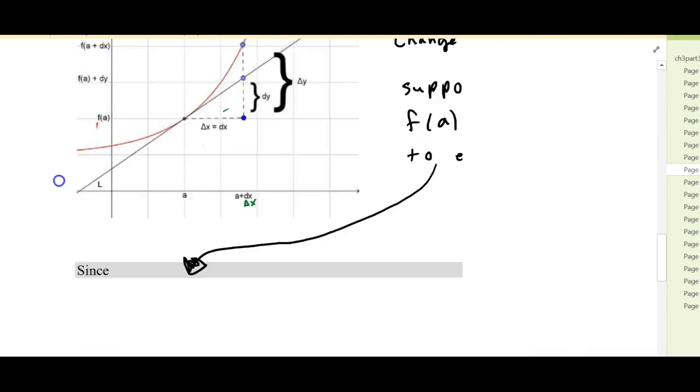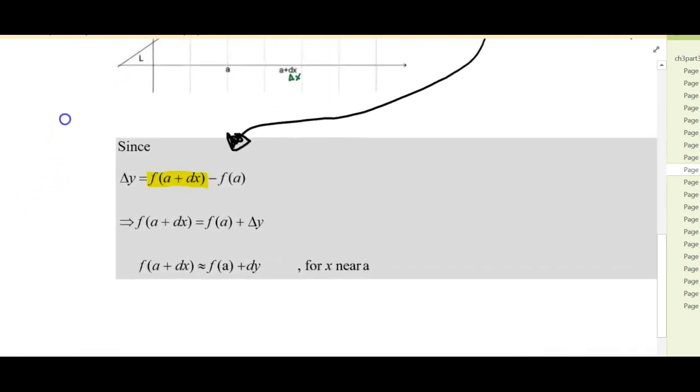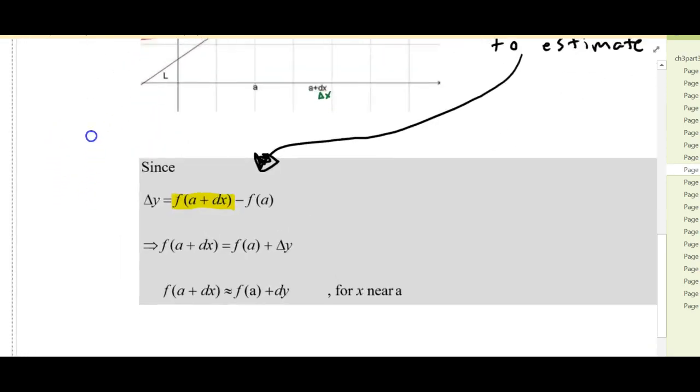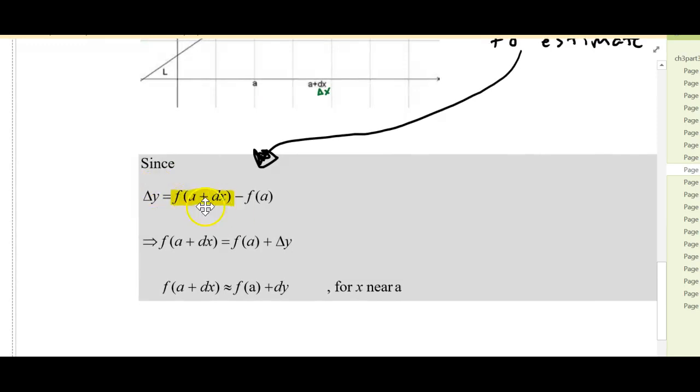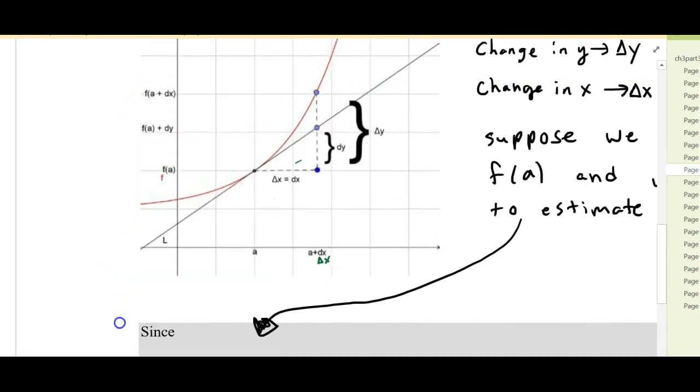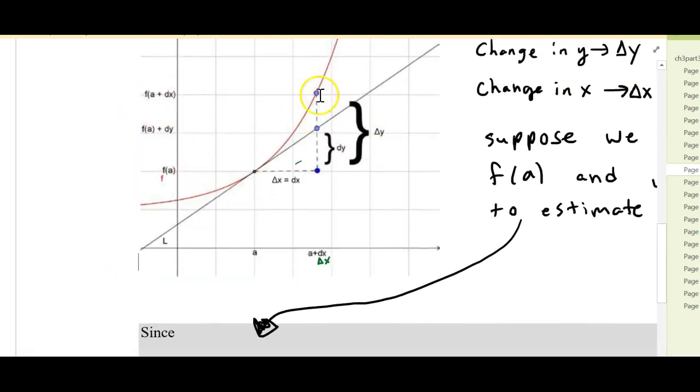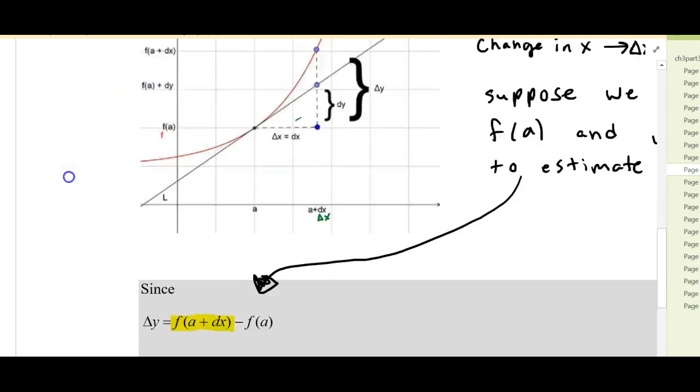Why am I mentioning delta y? Going back to our computation, delta y was equal to the difference in those y values: f of a plus dx minus f of a. So f of a plus dx is equal to f of a plus delta y. If I add delta y to f of a, that gives me f of a plus dx.